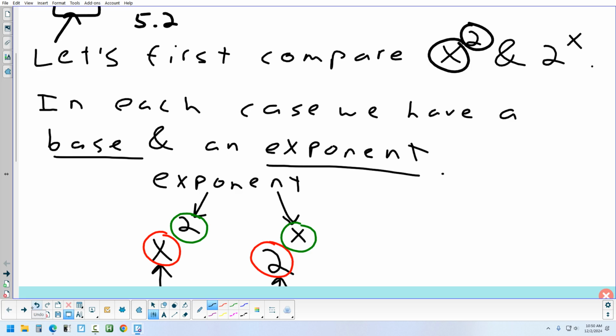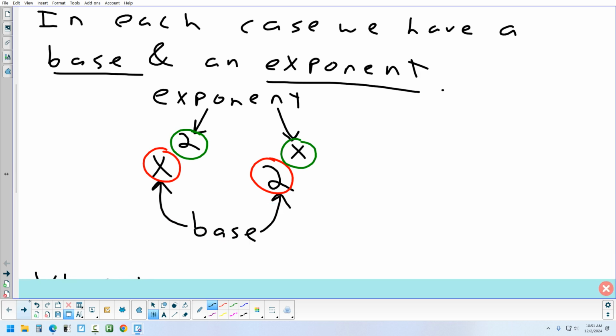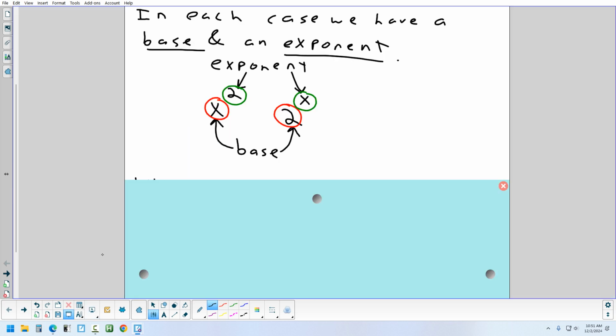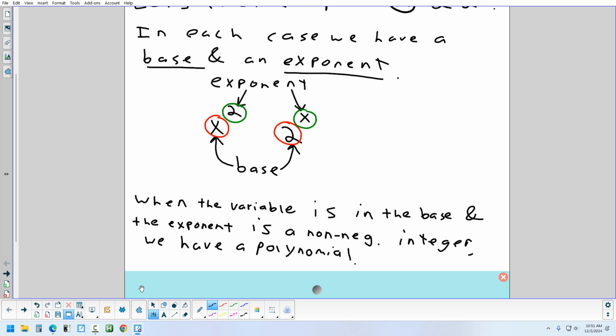X squared is a polynomial. 2 to the x is exponential. So what makes one of them exponential? What makes one of them a polynomial? Well, that's what I'm going to show you. When you have a variable for the base and an exponent that is a non-negative integer, that's a polynomial.